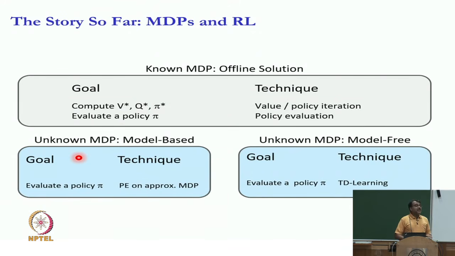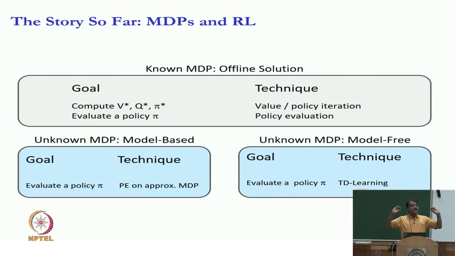On the other hand, if our goal is to evaluate a policy and we are not given transition and reward, then in the model based setting we will first estimate transition and reward and then do policy evaluation on this approximate MDP, and that would be model based, or we can do TD learning and that will be model free, right.